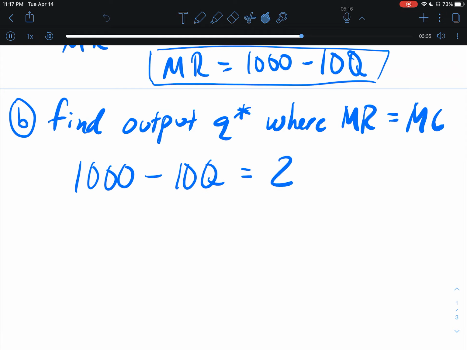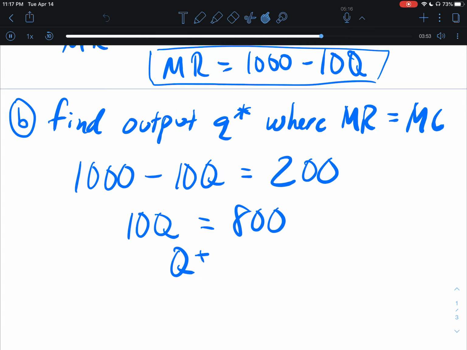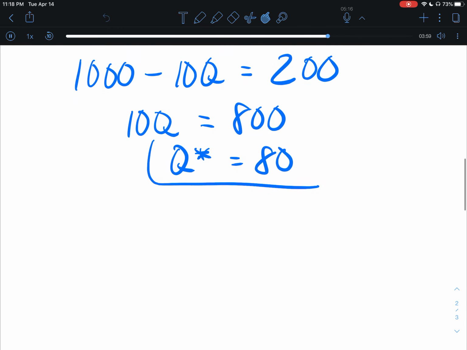And we said that in the problem, we're given marginal cost, which is equal to 200. So now we just have to solve for Q, bring the 10Q over, and we say 10Q equals 800. So Q star equals 80.